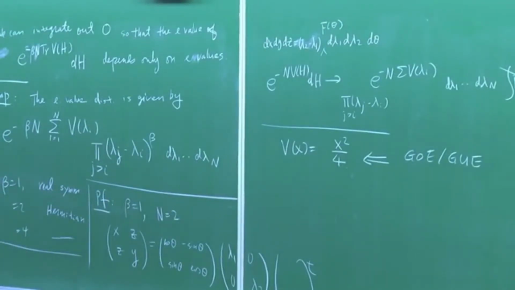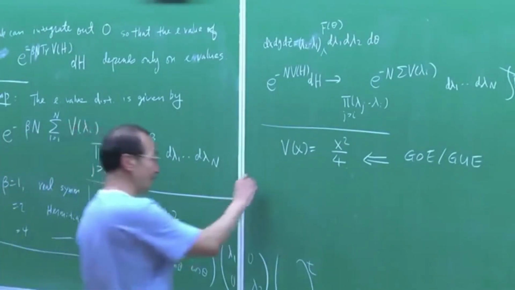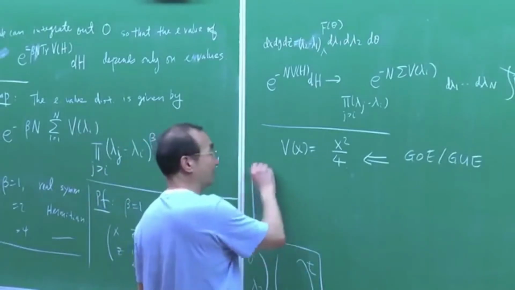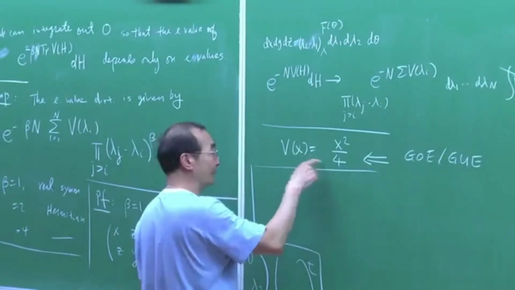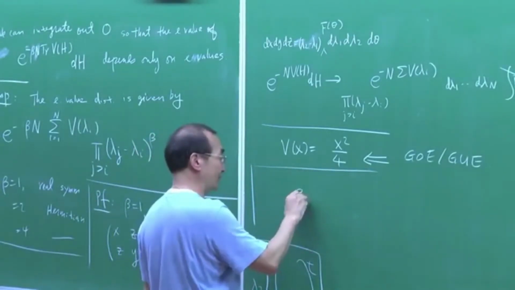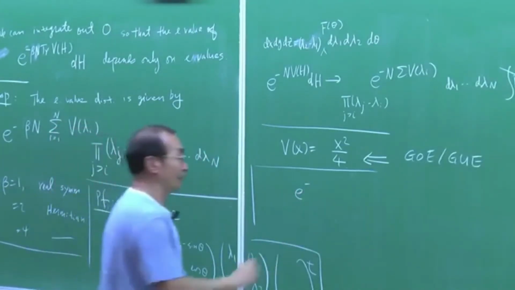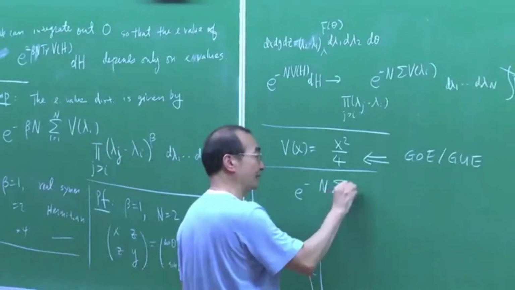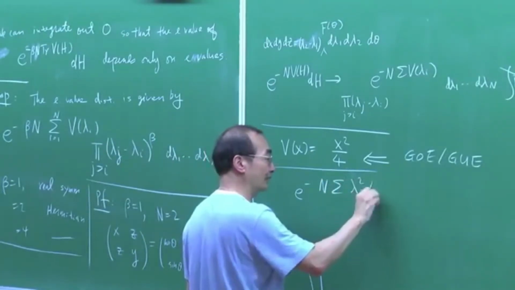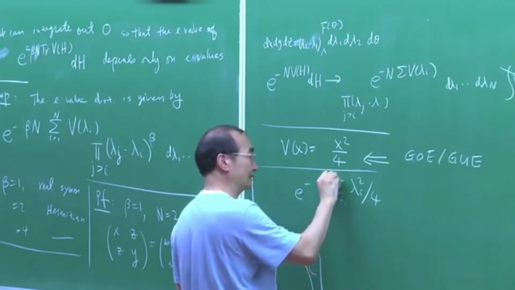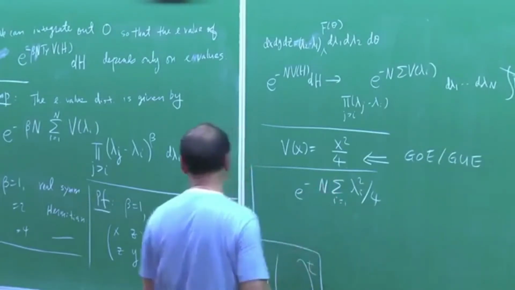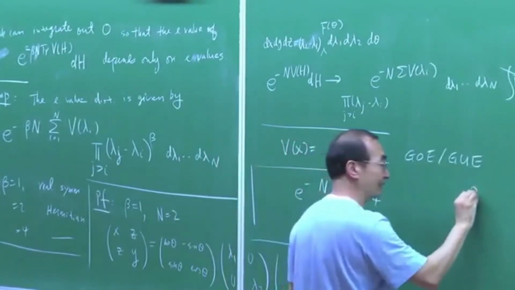All right. So now you want to study this measure. Let me take beta equal to 1. So e to the minus n summation lambda i squared over 4, i from 1 to... Sorry, I want to consider the case beta equal to 2.